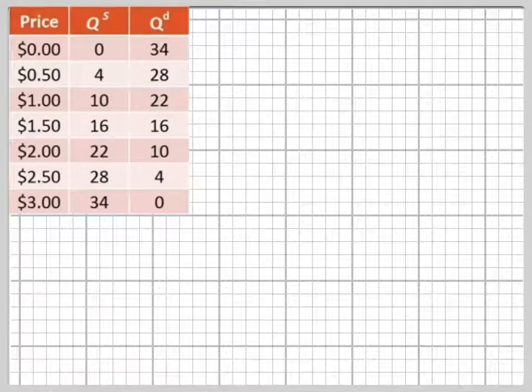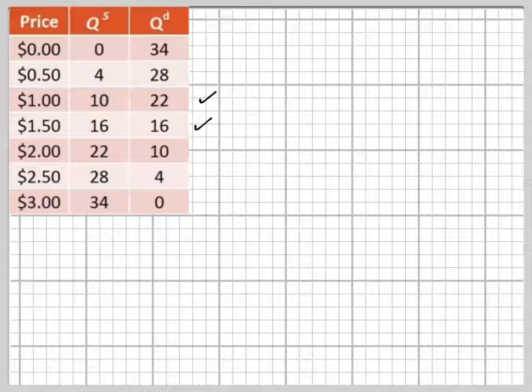So if you recall from our previous chapter, we had this market supply and market demand curve for coffee. And so we're going to compute the price elasticity of demand. And so we're going to take 2 points on the demand curve. It does matter which points we choose, but for our explanatory purposes, I'm just going to take this point and this point.